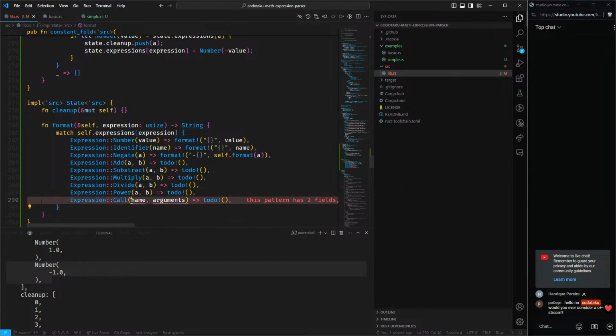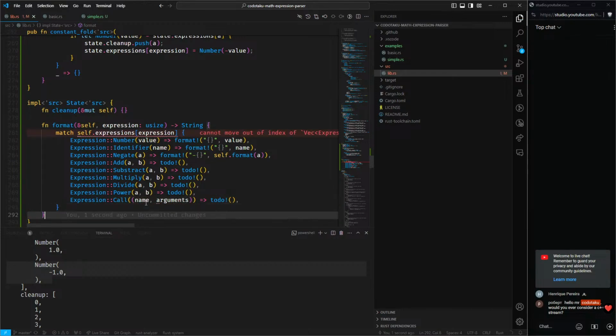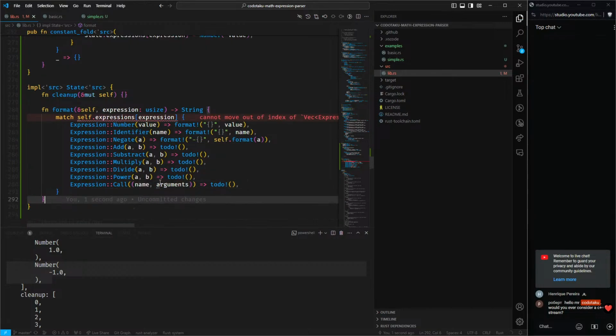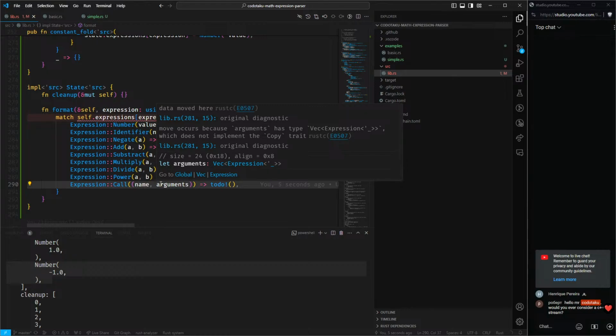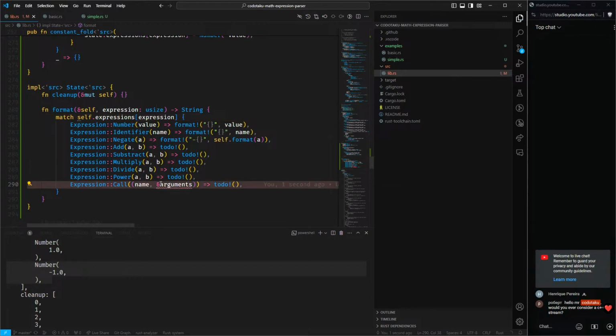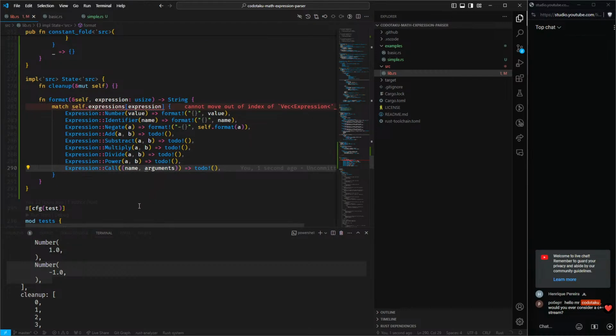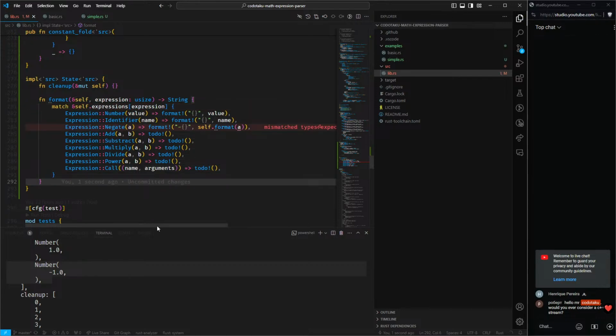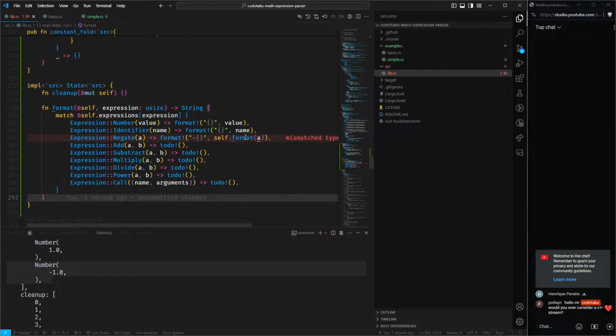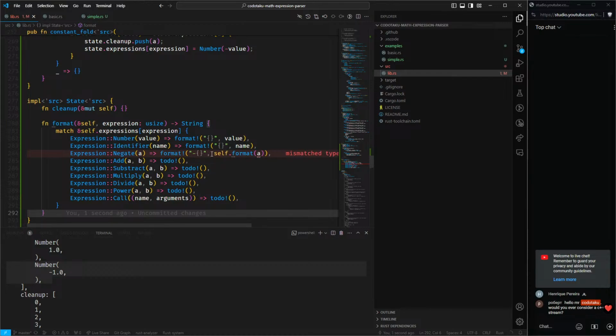This pattern, oh yeah, I remember this is a tuple actually. There you go. Well, I don't want to move it. Can I just get a reference somehow? Interesting. Cannot move out of index. Oh, my bad. So I should just do this, right? Cool. All right, great. So format minus.